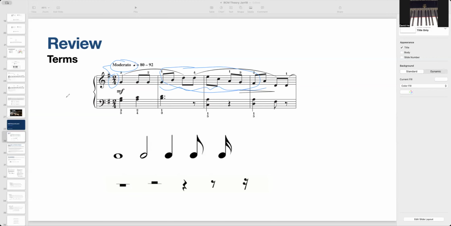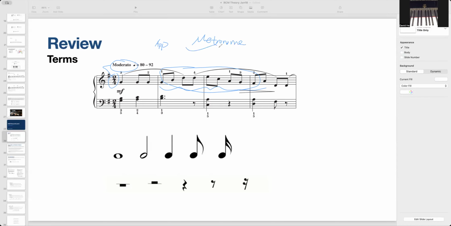The best thing to do is to use a metronome. Do you know that metronome? You can download it. It's an app in the App Store. It's called Metronome.